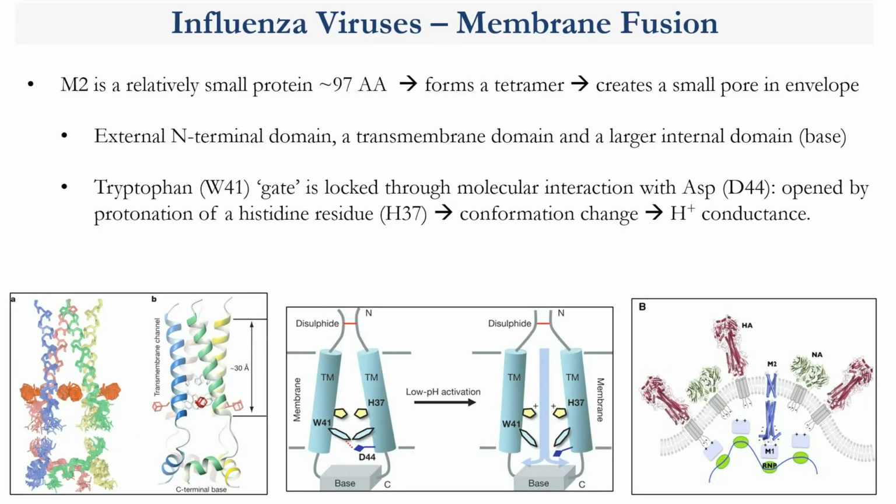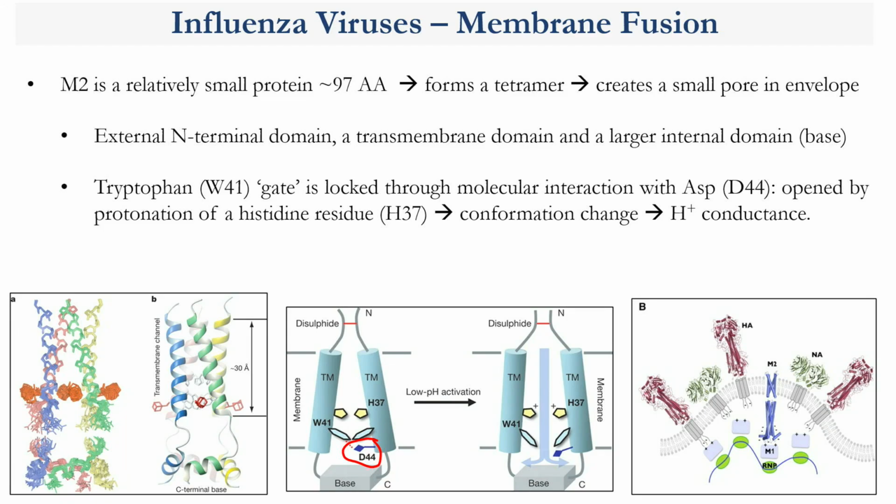Now, the way it works is these three residues play a major, important role in opening of this channel. Okay, so tryptophan, which is W41, so tryptophan at position 41, this gate through the channel is actually locked. And the way it locks is that it interacts with another residue, which is aspartate at position 44.